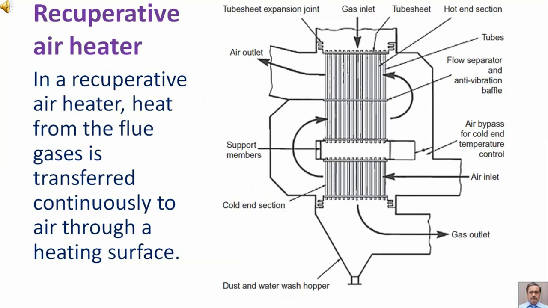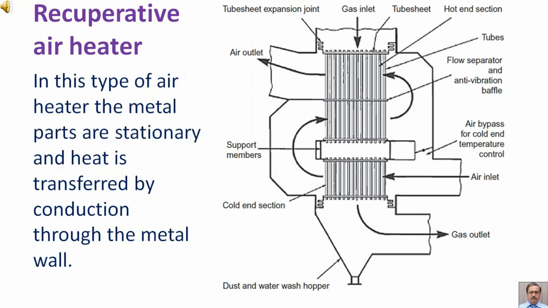In a recuperative air heater, heat from the flue gases is transferred continuously to air through a heating surface. In this type of air heater, the metal parts are stationary and heat is transferred by conduction through the metal wall.